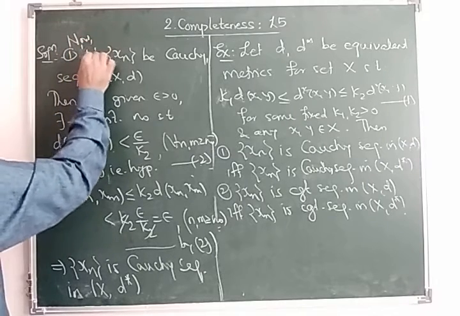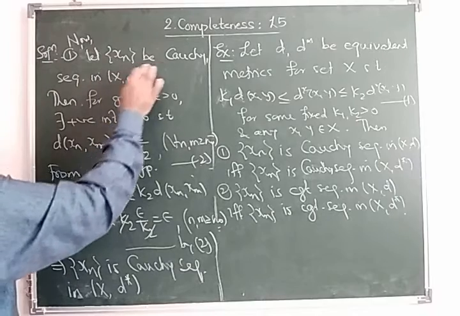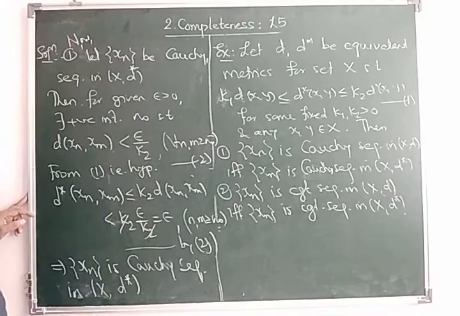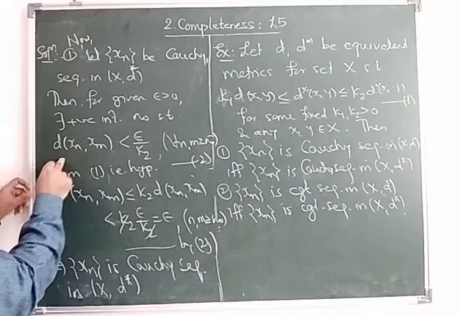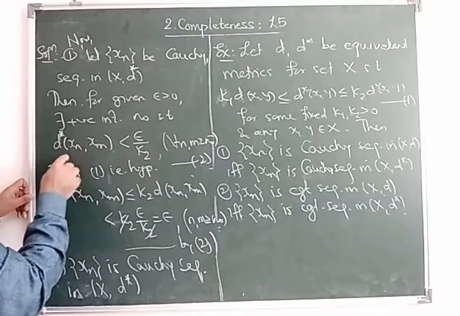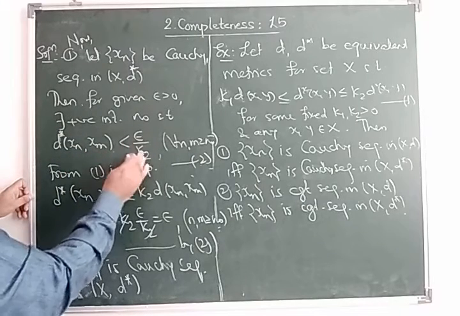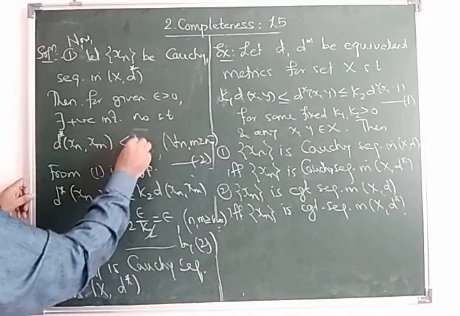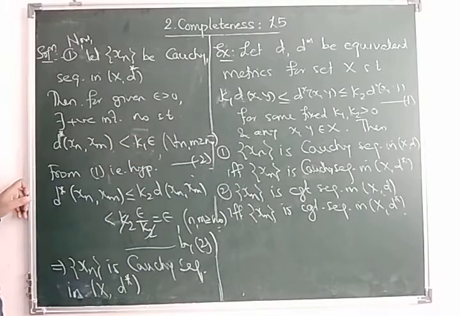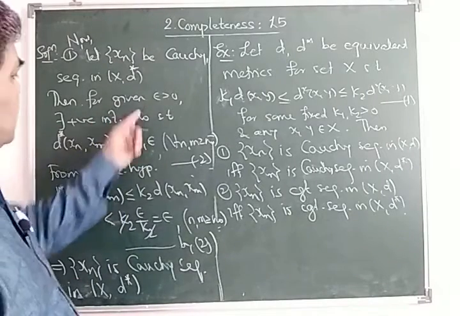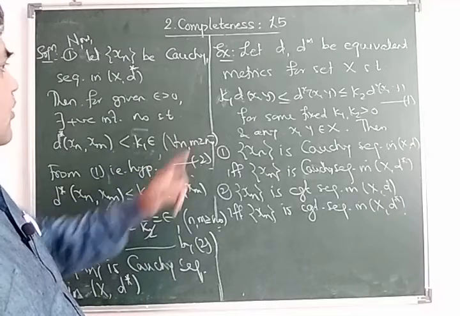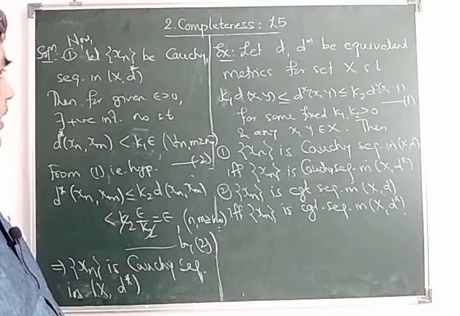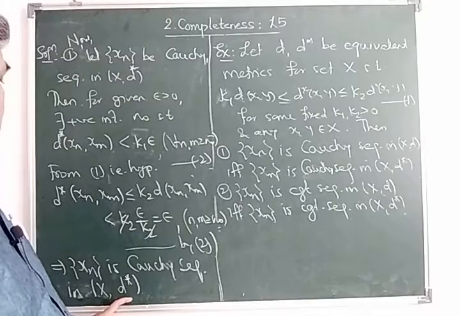Now let xn be Cauchy sequence in Xd star. Then again for epsilon greater than 0, there is d star of xn xm less than epsilon. I'll take k1 epsilon instead of epsilon now, for n, m greater or equal n naught.